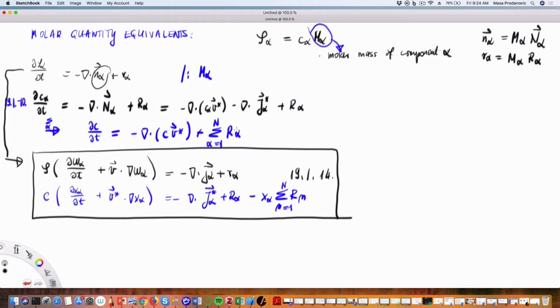And why do you change the subscript? Because I'm multiplying it with X alpha, so I'm not going to use the same alpha for the summation next to it. I could, but that would be very confusing. So this is X alpha multiplying the entire sum.